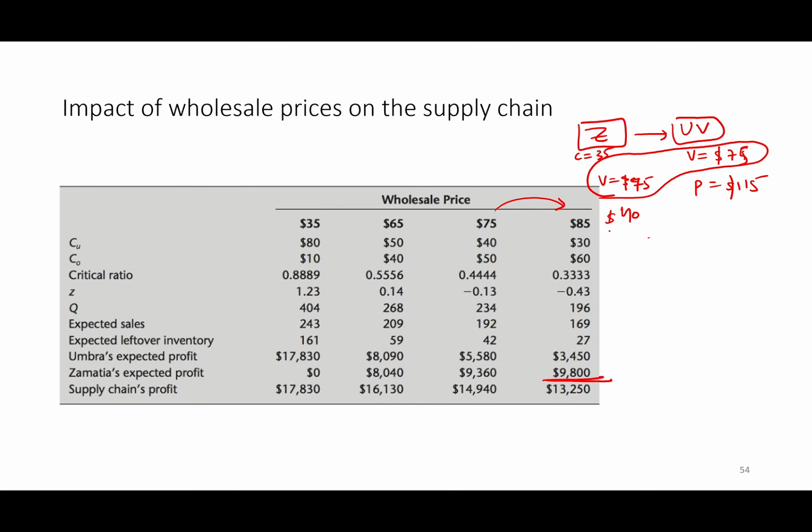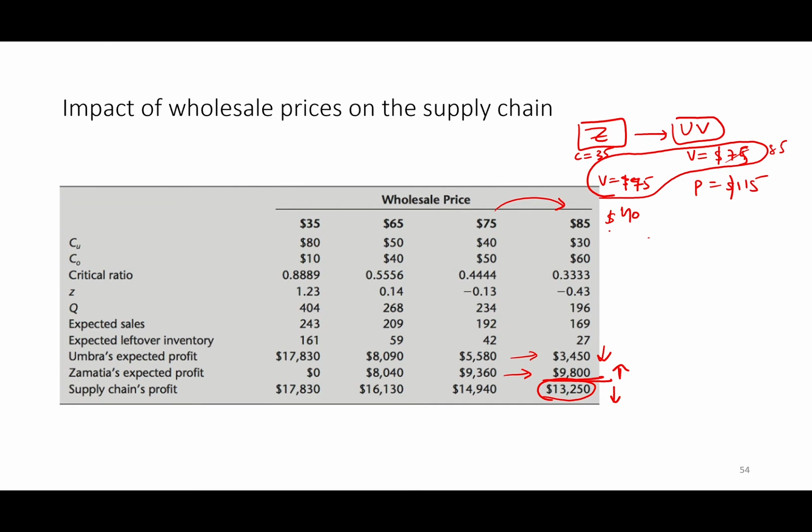But if the 75 becomes 85, then UV is not going to make that much profit. Their profit reduces. So for Zematia, it increases. For UV, it decreases. And overall supply chain profit also decreases.